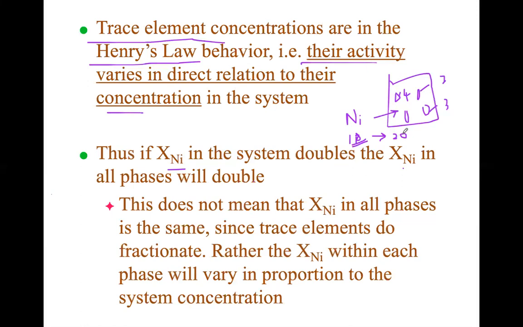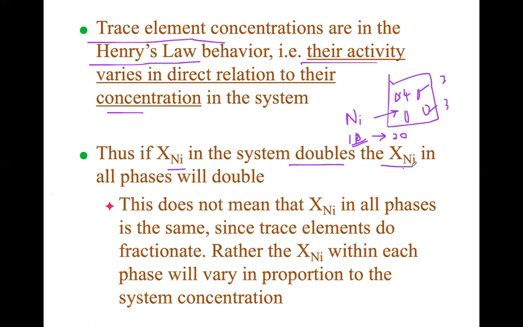Another process can make the original concentration double, right? That means it's according to this Henry's law behavior, because the directly proportional behavior is explained by Henry's law. The system doubles its composition.